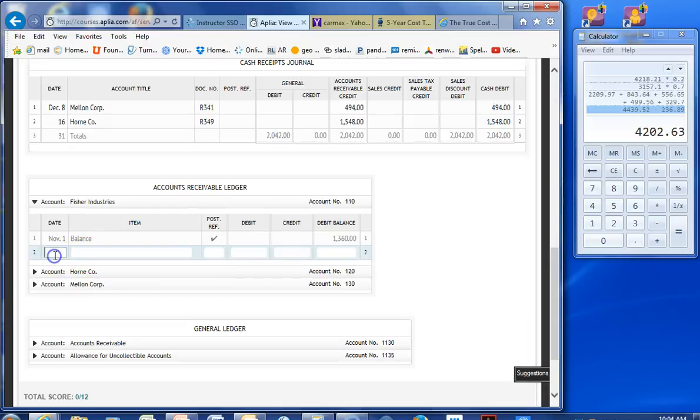So we have a balance, and then on December 14th, we wrote off. G15, 136.